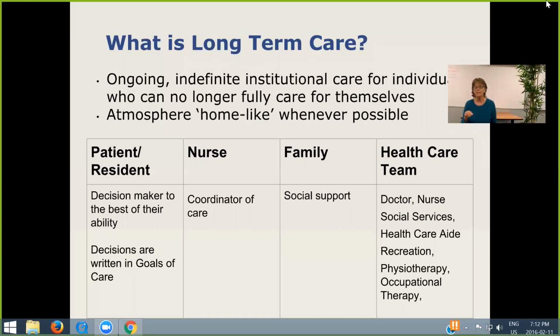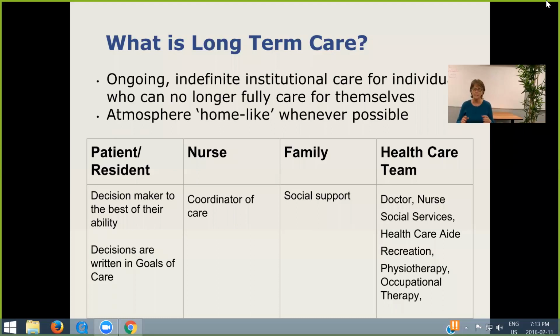Now the family is social support for the patient or the resident, and they may also be the decision makers if the resident or patient cannot make decisions for themselves. But in Canada, we consider the resident or the patient to be the person who makes the decisions, not family.